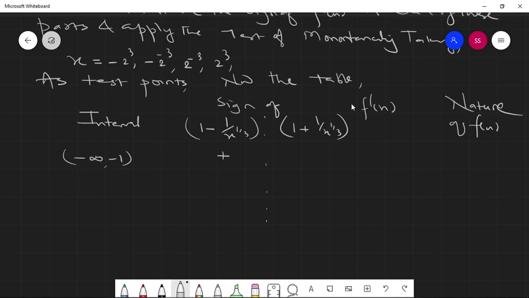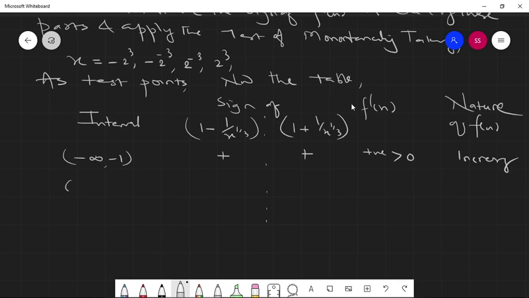If you put minus 2 to the power 3, raised to 1 by 3, the 3 cancels, and this minus makes plus. Here also we will find a plus value. The product is positive, greater than 0, the function is increasing. You can try whether the value gives positive or not.